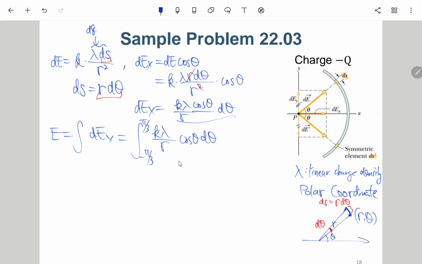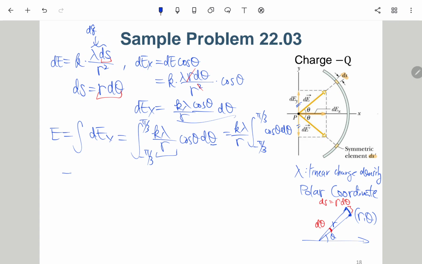Doing this integration is not that difficult. This is a constant with respect to the variable theta, so we can just take it out, and we have the integration of cosine of theta d theta from negative pi over 3 to pi over 3.